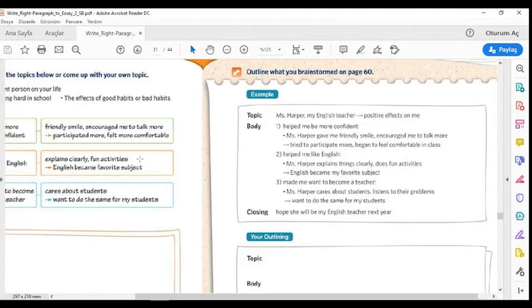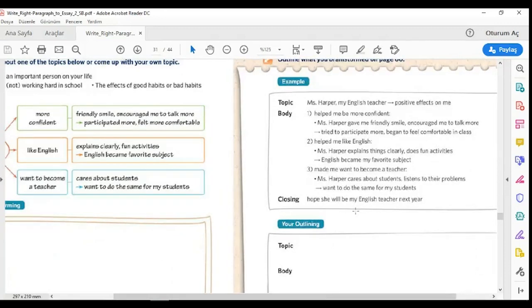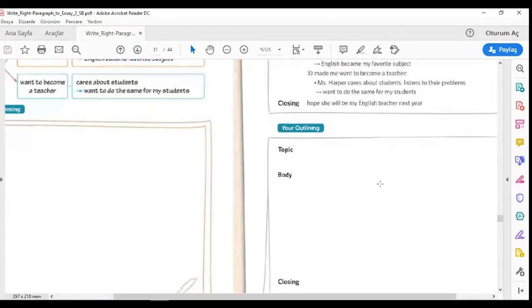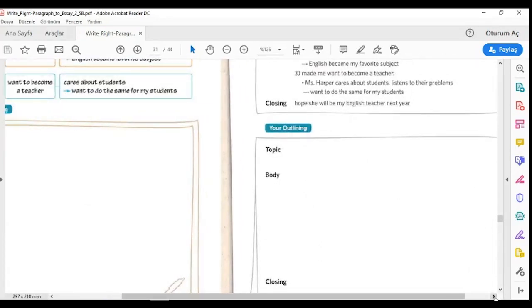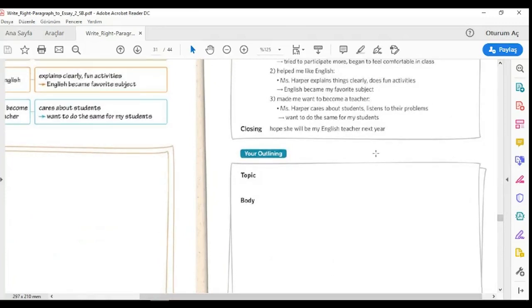So basically, what you have written over here, the three parts, you will put into one, and the explanation, two explanation, and three explanation, and you will add a closing sentence. You will do that there. You have done this many times in class before. That is the end of today's lesson.